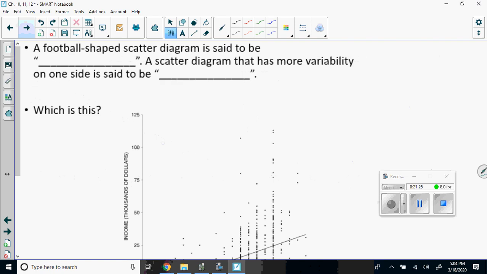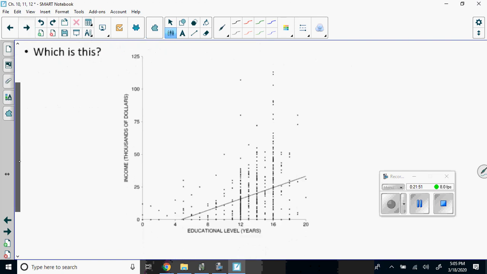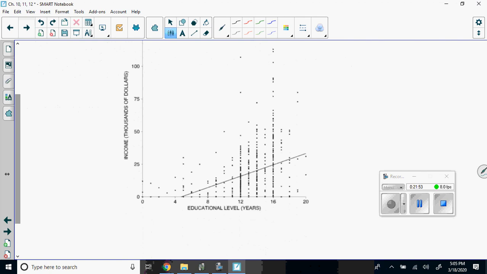Okay, the main thing you need to know from that: when we have scatter diagrams that don't have good residual plots, there's 2 possibilities. If the scatter plot itself is football shaped, it's called homoscedastic. If it's not football shaped, and specifically has more variability to one side, so it has this triangular shape, that's different.